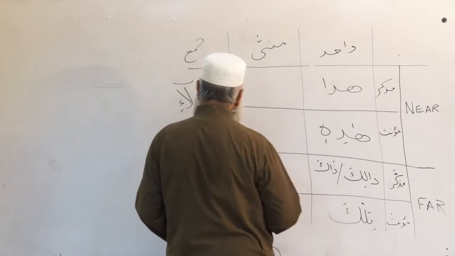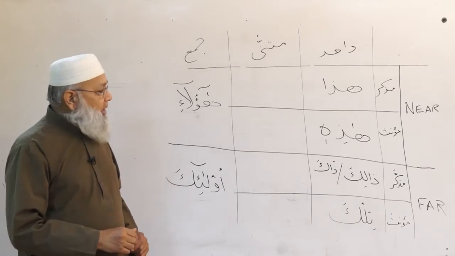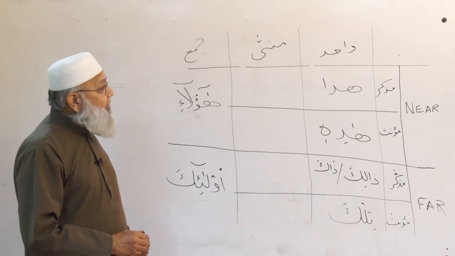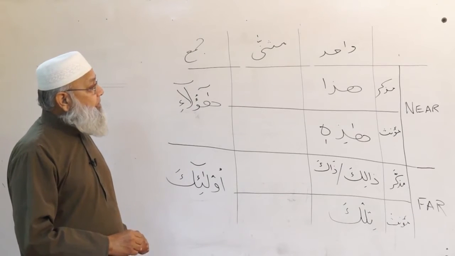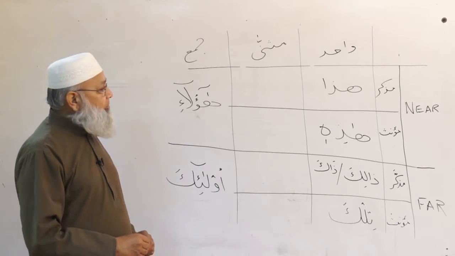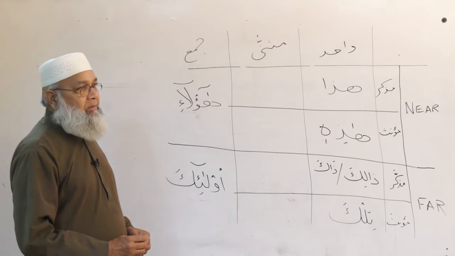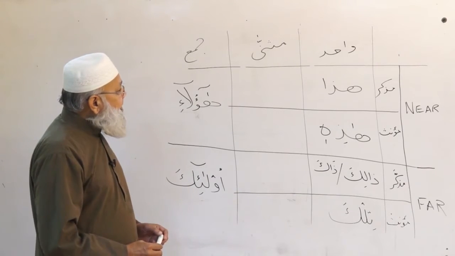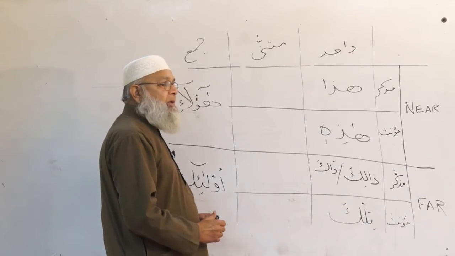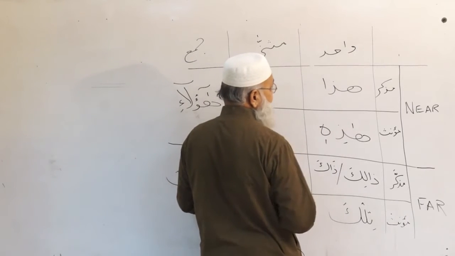The singular and plural forms of the demonstrative nouns are mabni. You have already learned this word. Mabni are the nouns which appear same in the different forms of i'rab. Whether you are mentioning the demonstrative noun in nasab, rafa or jar form, it will continue to be hada.